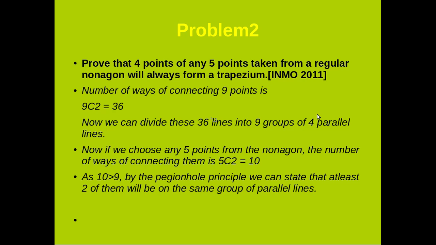The number of ways of connecting these 5 points is 5 choose 2 or 10. Now we have 10 greater than 9. Thus, by the pigeonhole principle, we can state that at least 2 lines of these 10 lines formed by the 5 points will lie in the same group. Thus, these 2 lines will be parallel and form a trapezium.